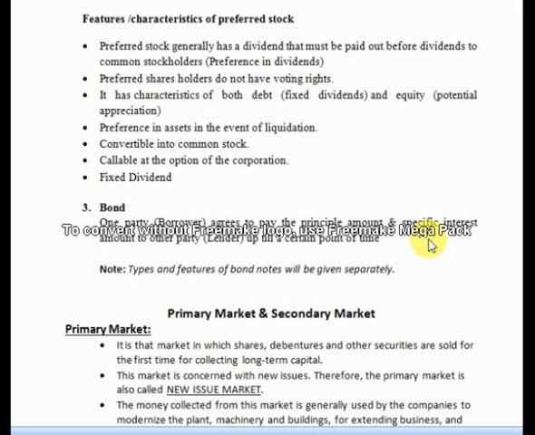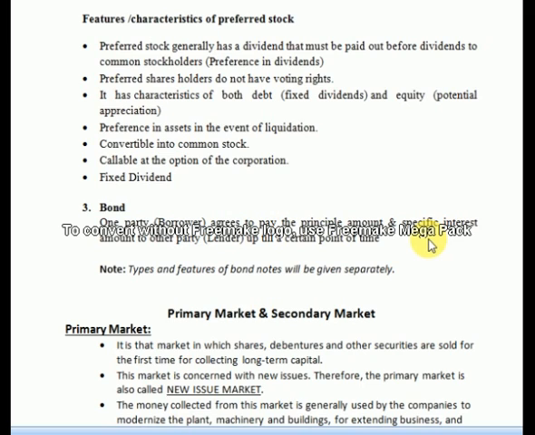T-notes and T-bonds, treasury bonds. Similarly, corporations will often borrow to grow their business, like to buy property, equipment, machinery, to undertake profitable projects.